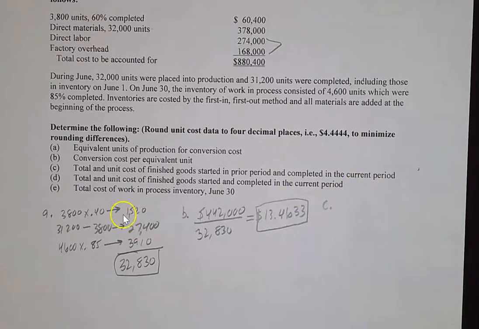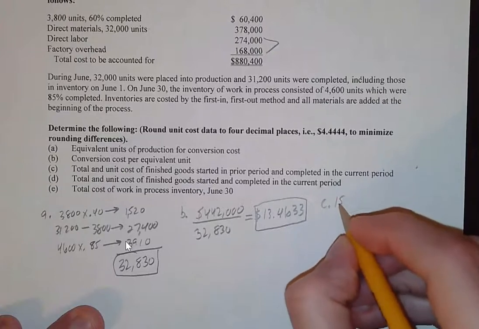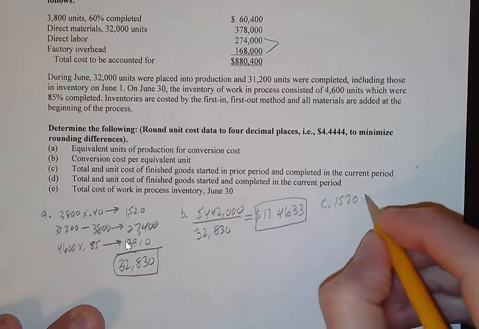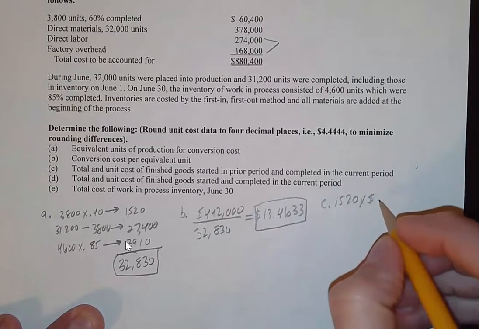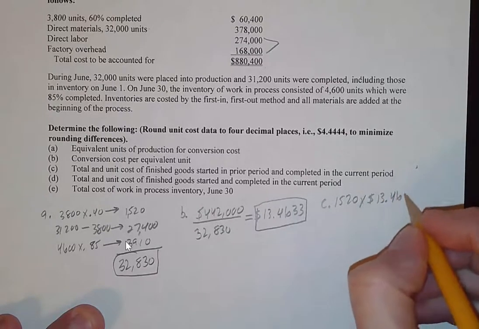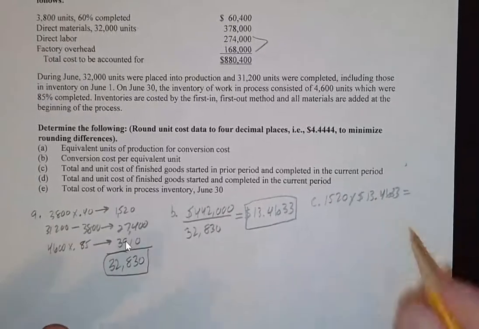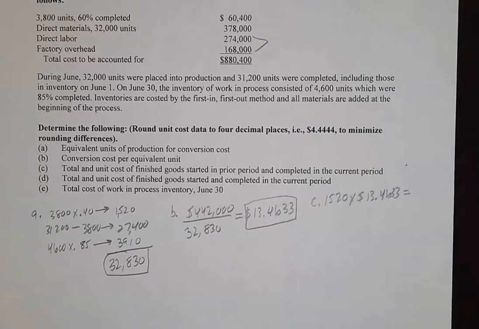Well, this is that 1,520 here, because they're talking about started in a prior period and completed in the current period. So that's this 1,520 right here. So all we have to do actually is take that 1,520 and multiply it by that $13.4633.